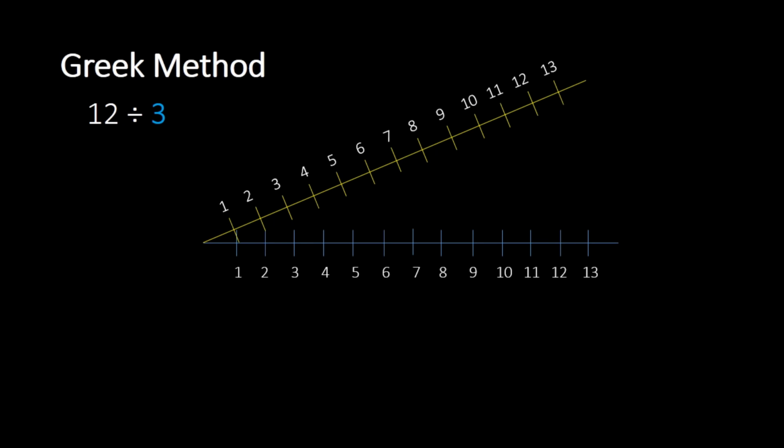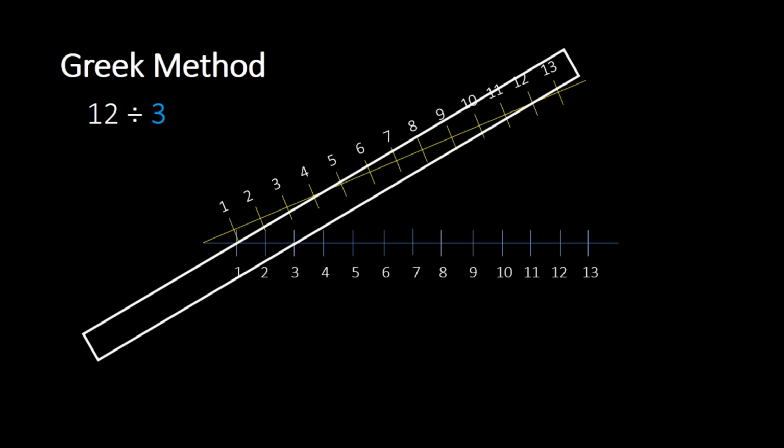So here we have 12 divided by 3. We need to make a line that intersects both 3 and 12, okay? But notice that I am using here a rectangle, and I have a reason why, okay? This rectangle is the easiest way to get a parallel line, okay?